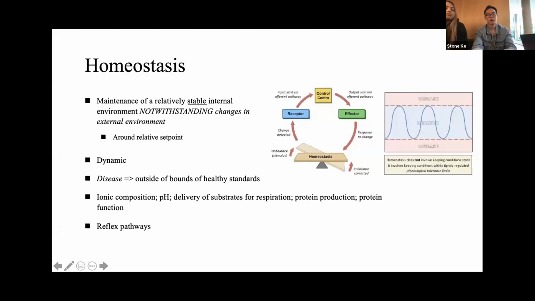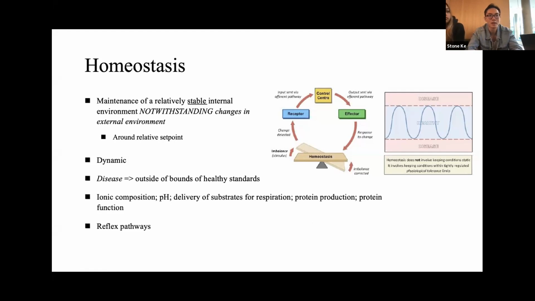Nice. All right. I don't think you guys went into too much detail with a lot of this stuff, so I won't go into that, especially given the time. Homeostasis. What is this? This is maintenance of stable internal conditions around a target, and they call it a relative set point. The main thing to say here is that your body needs stable internal conditions to survive.